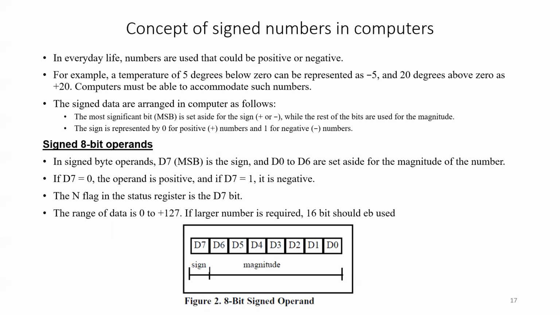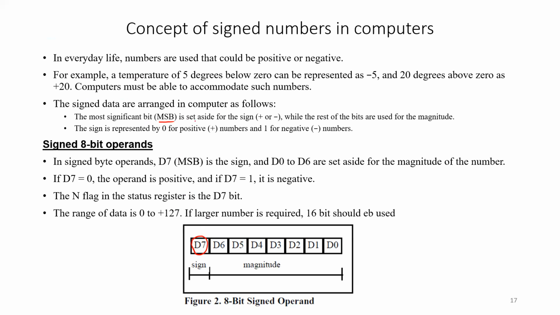How can we represent this signed data in AVR? Signed data are arranged in a computer as follows. This is not only for AVR, but generally for computers. The most significant bit, MSB, which is the last bit on the left-hand side for the 8-bit microcontroller, is nothing but D7.